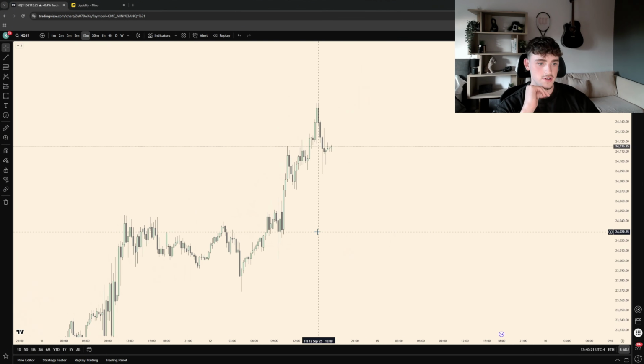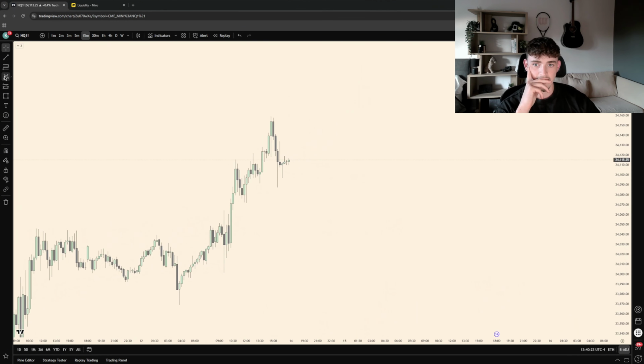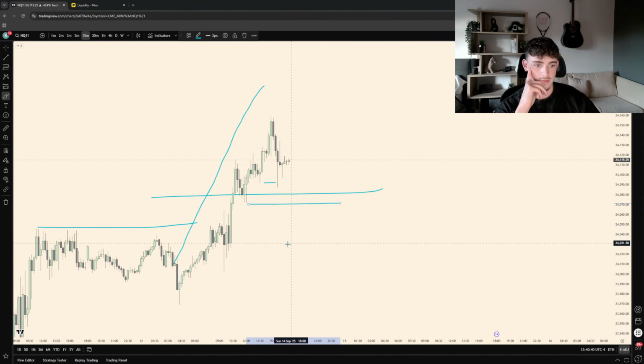In this example, let's remove these. So in this example, you see we come up here. So this is probably a 1 hour leg. This would be our 1 hour leg up. You see we took the external, and now we're going to internal. So you could expect a push from here, although we haven't come down to hit the 50%. So you might expect this to be your turning point, or this could be your turning point.